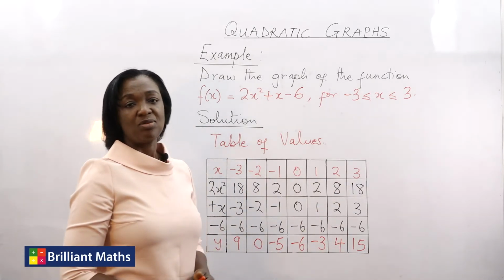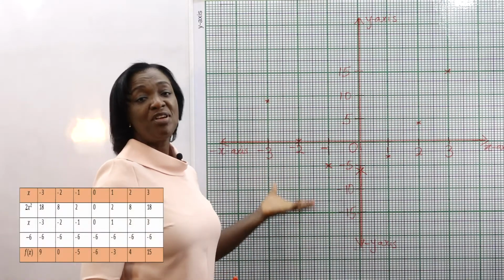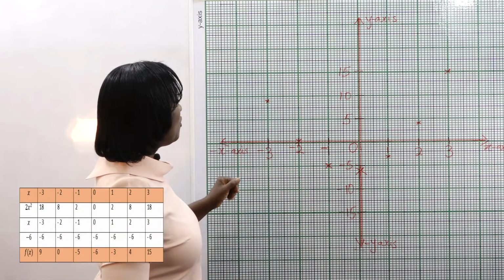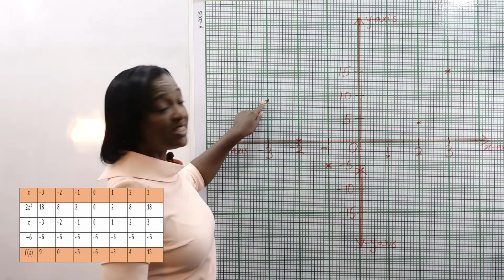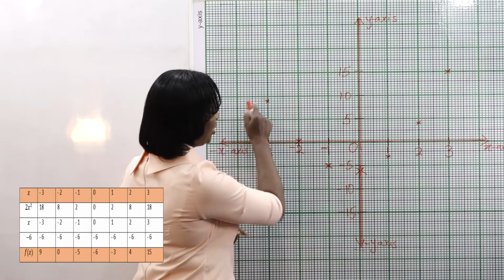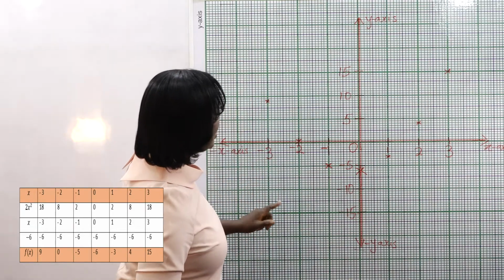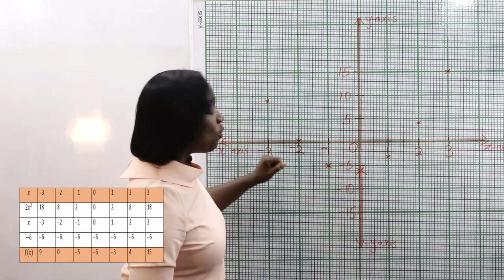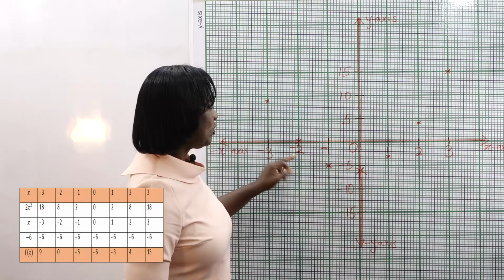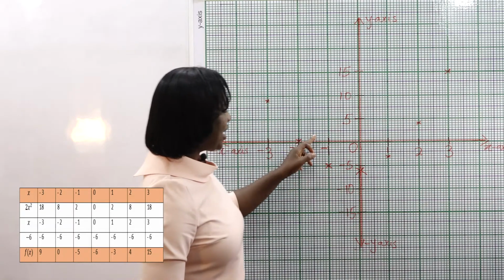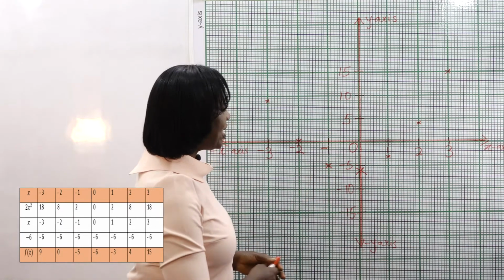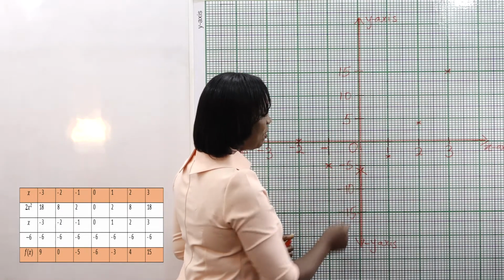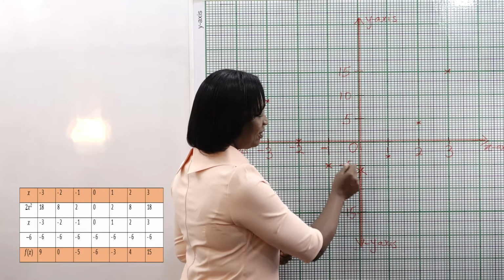Let's try that out. From the table of values that we have, we can see that when x is minus 3, y is 9. So we'll plot that point. When x is minus 2, y is 0. When x is minus 1, y is minus 5. When x is 0, y is minus 6.